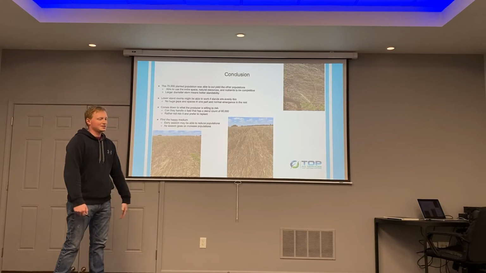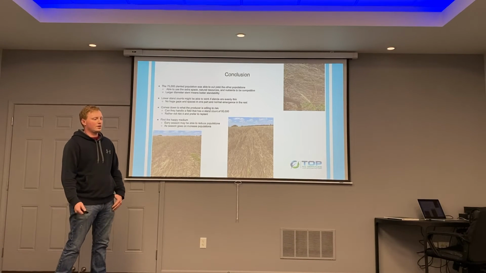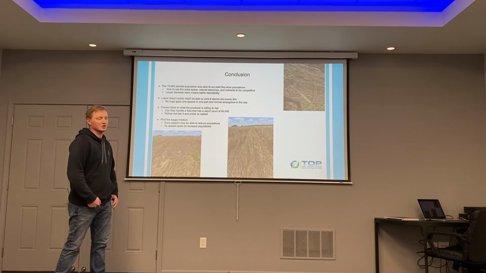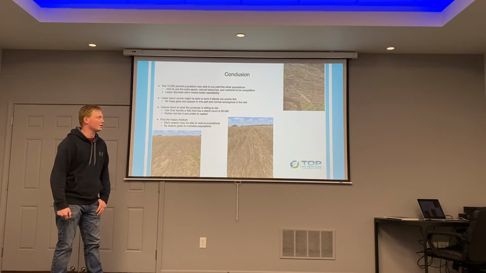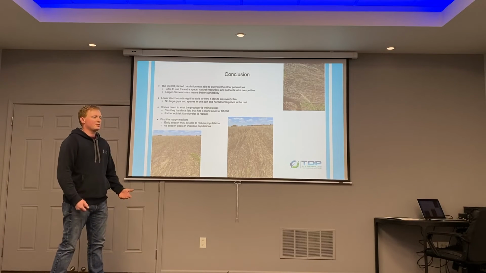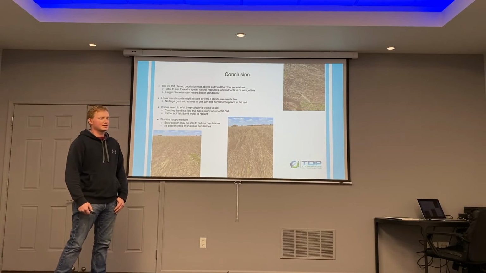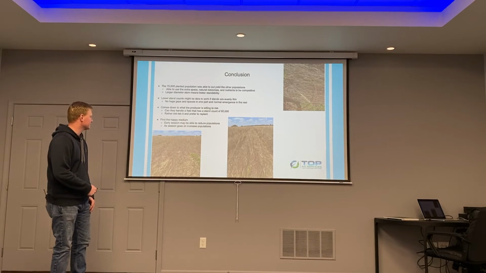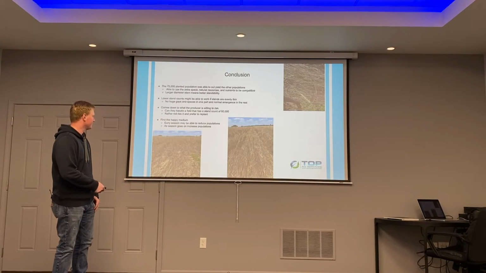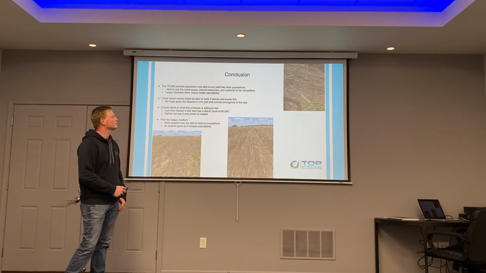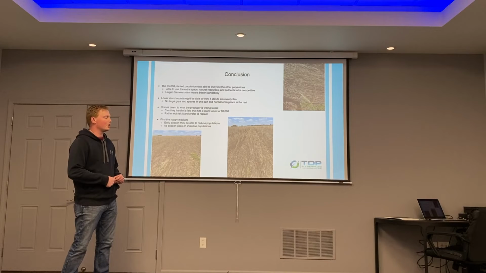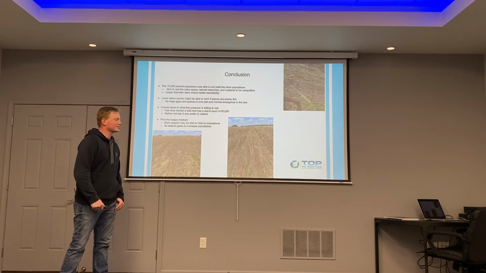So what this means is that if you have a field where the plant populations may be reduced, but they all come up, you might be able to make it work if your stand is evenly thin, meaning there are no huge bare spots like we see here and here. It all comes down to what you're willing to risk.